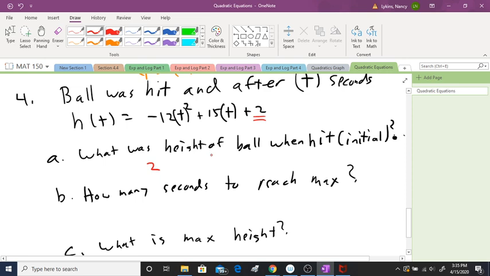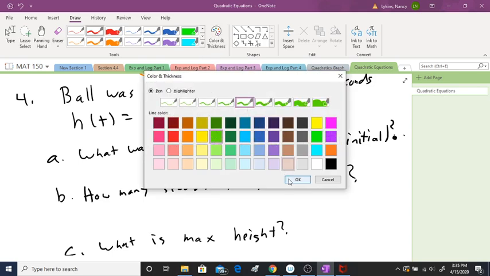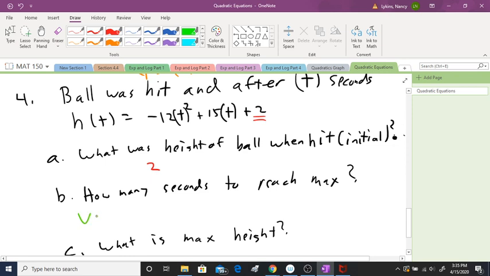How many seconds does it take to reach its maximum? Anytime you see maximum or minimum, think of vertex. So I'm going to use my vertex formula, minus b over 2a.